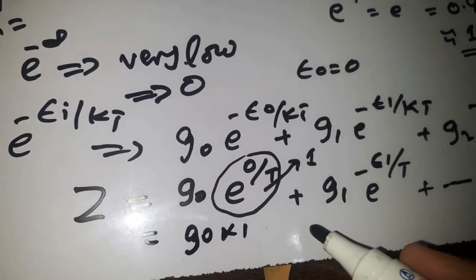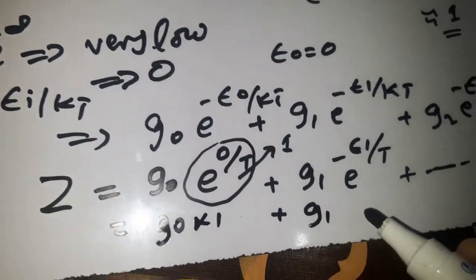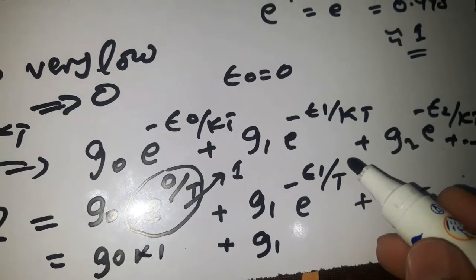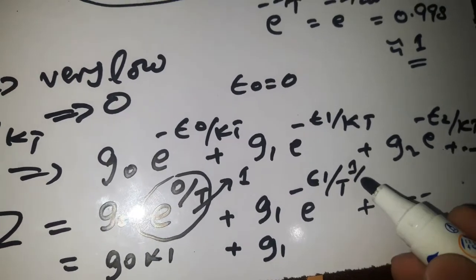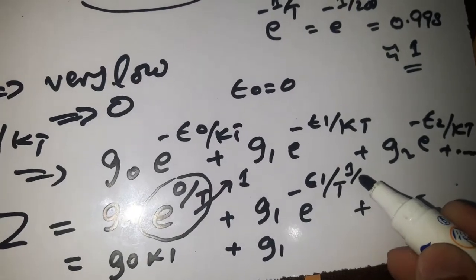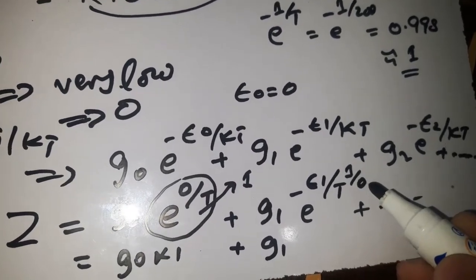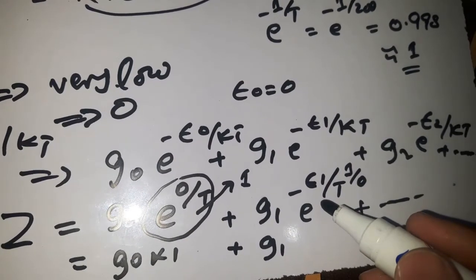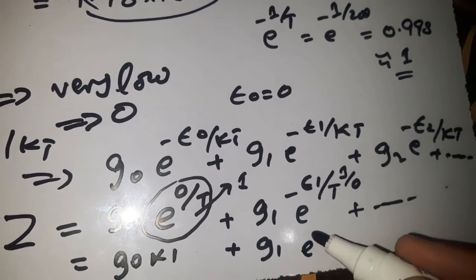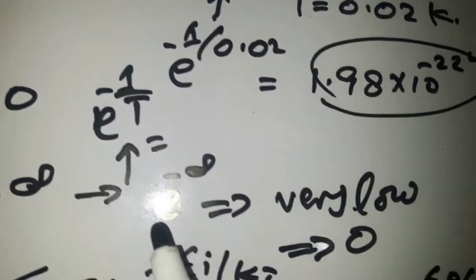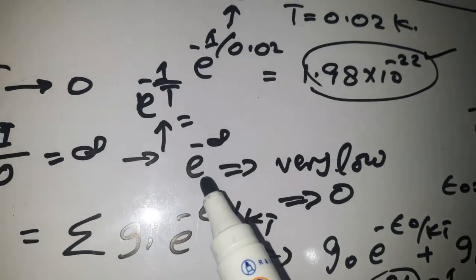Because here, if you put temperature very, very low, that is 1 over some very low term, that is 1 over 0, and from this we are getting infinity. And if we have e raised minus infinity, as we already discussed, that gives us a very low number, corresponding to 0.